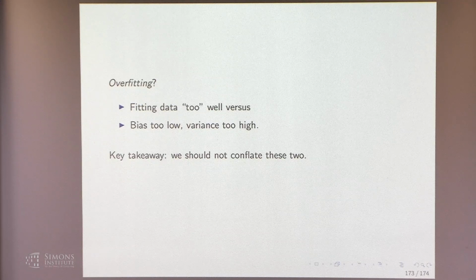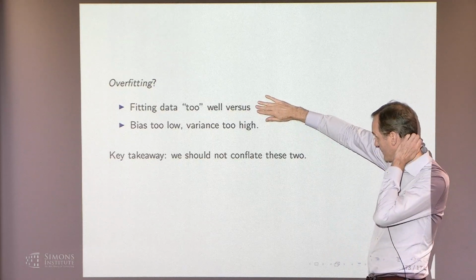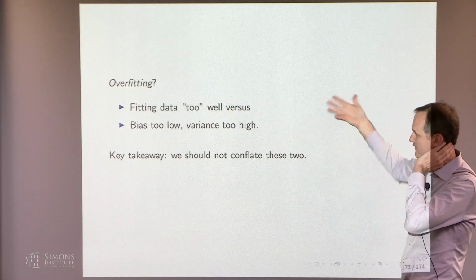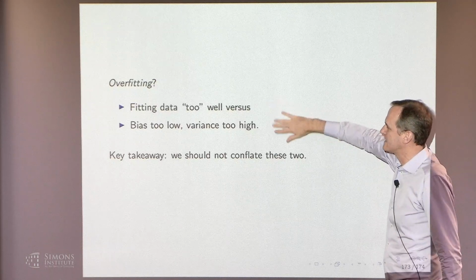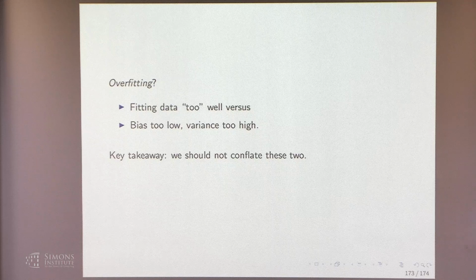Okay, and this is my second last slide. So this terminology overfitting, these are cases where you're fitting perfectly. Over sounds pejorative, but you're certainly fitting the data perfectly, but it's benign overfitting. It's a very different thing from having bias too low and variance too high.